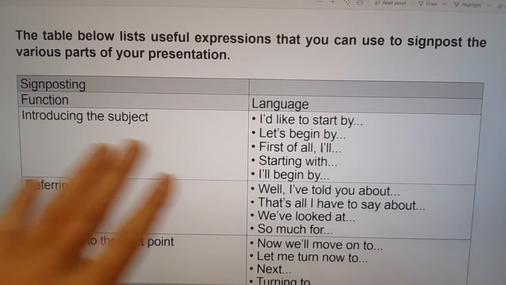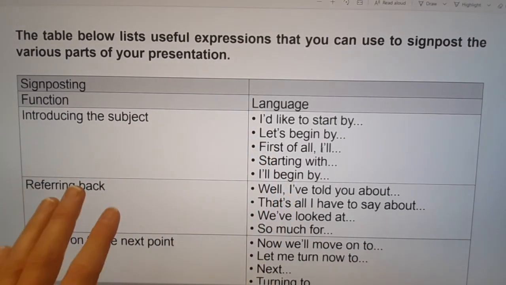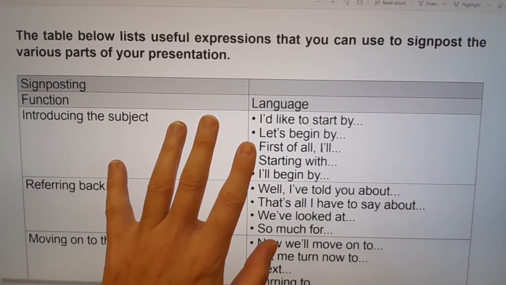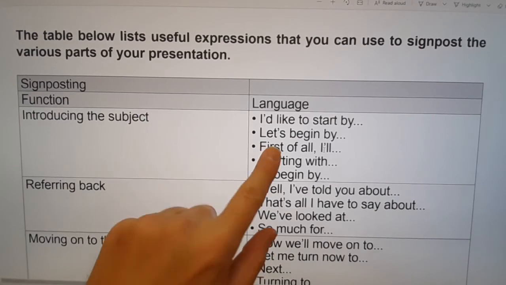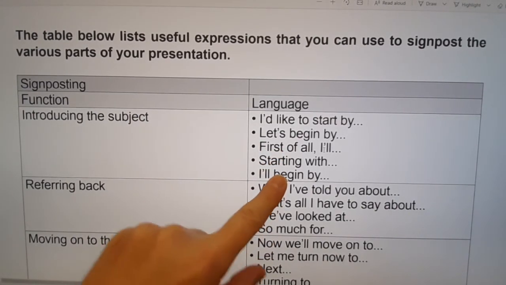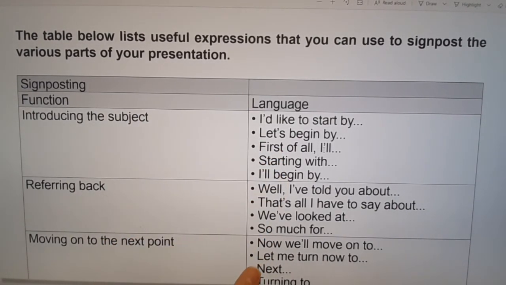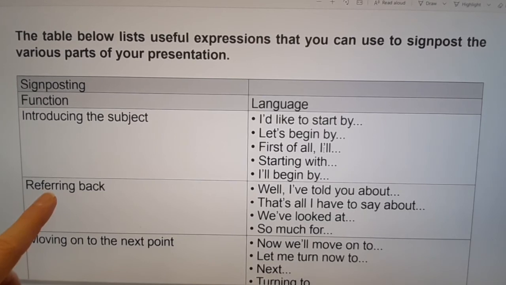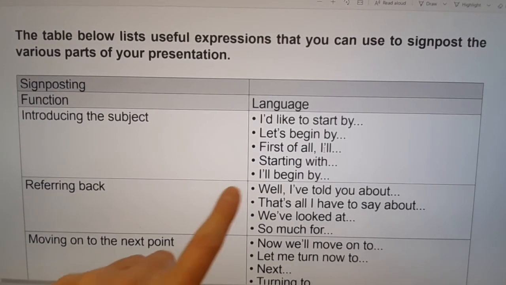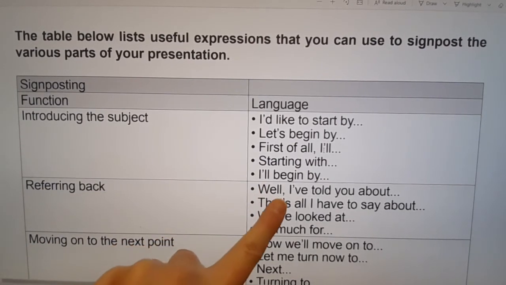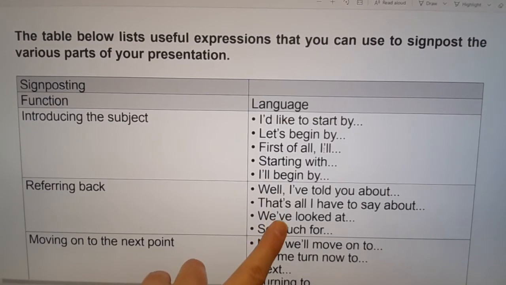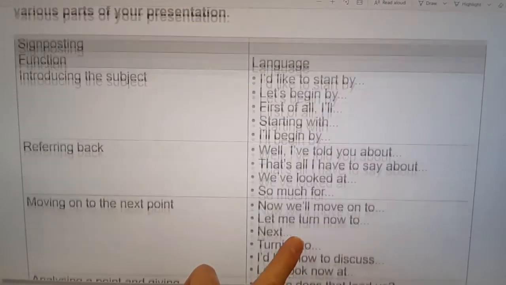So here you have everything, you introduce the subject, and here's the language you can use, okay, so first of all, starting with, I'll begin by, okay. Next, that's the listing, okay? You're always going to refer back to something, okay? Well, I've told you about this, or that's all I have to say about that. We've looked at these things, okay?